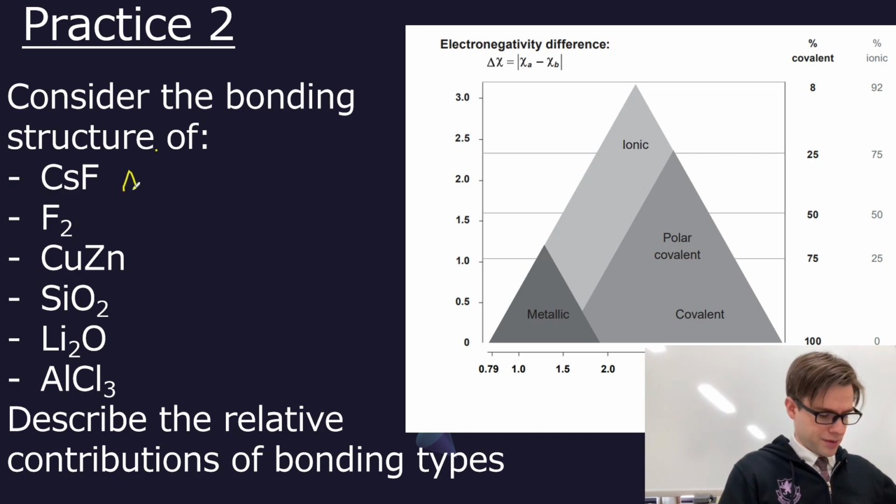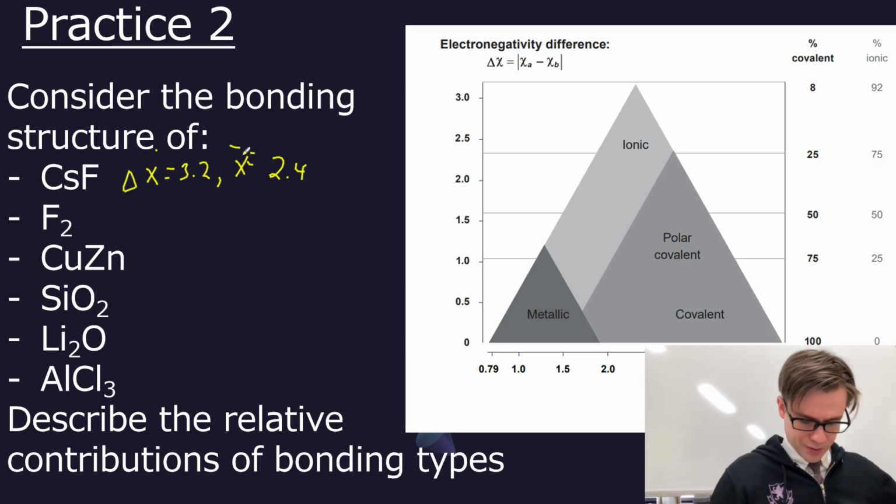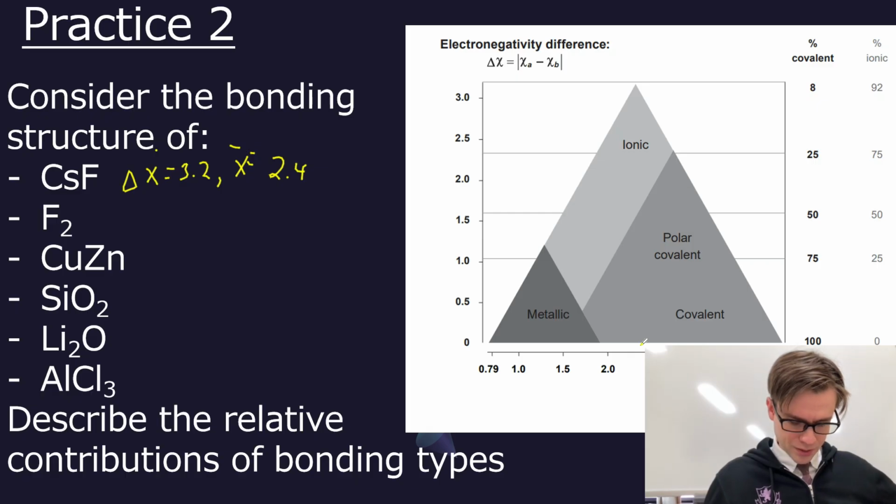We're going to have delta X be pretty huge, 3.2, X bar average being 2.4. So the average is really right in the middle, but the difference, 3.2, is like max. We're at the tip of this triangle.